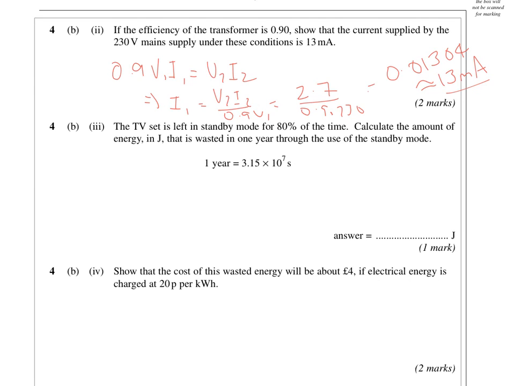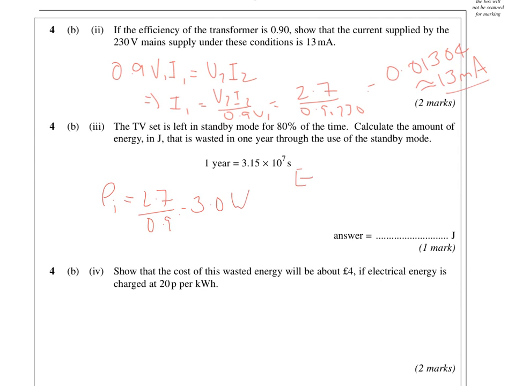The TV set is left in standby mode for 80% of the time. Calculate the amount of energy wasted in 1 year through use of standby mode. So let's first calculate the power in, which is 2.7 divided by 0.9, which is 3.0 watts.